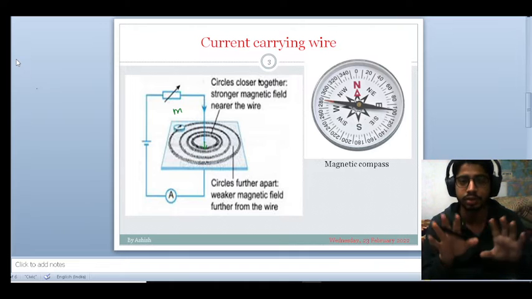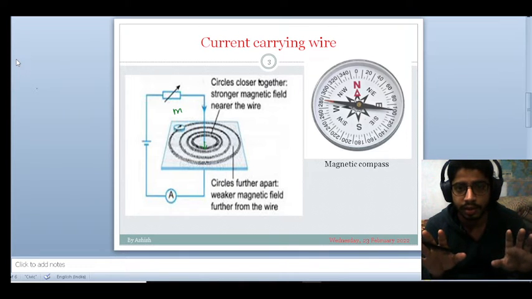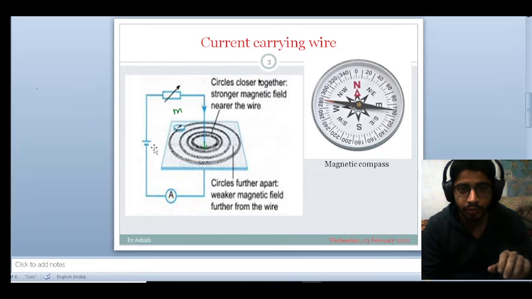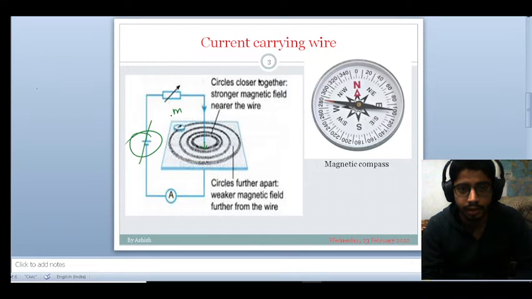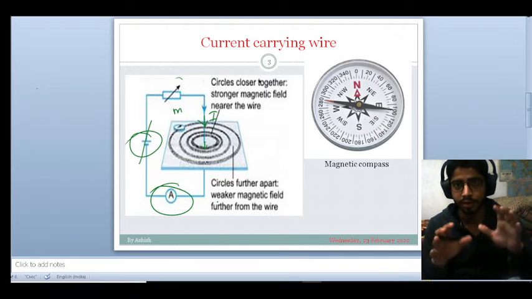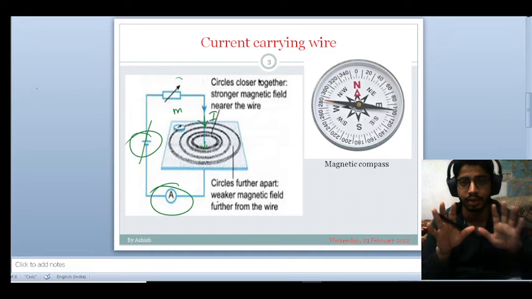Let us suppose we are providing current to the circuit through a battery, and here is the resistance, and here is the direction of the current. Here the ammeter measures whether there is any current in the circuit or not.